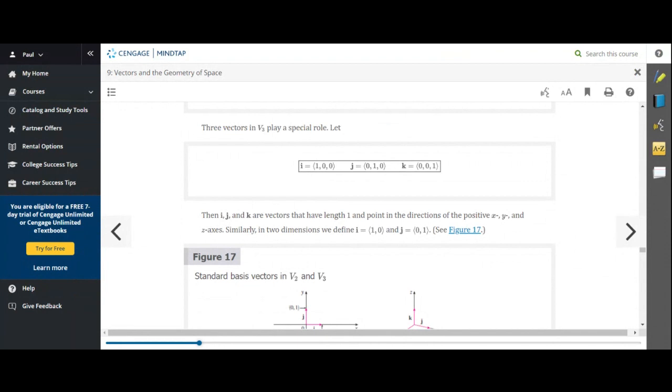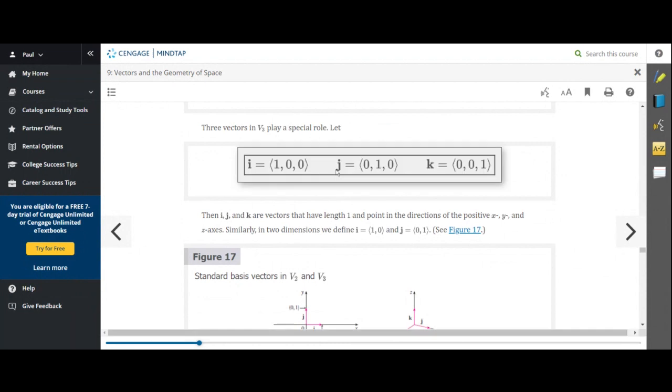So the vector i goes along what axis? What axis is the vector i on? The x-axis. Good, good.